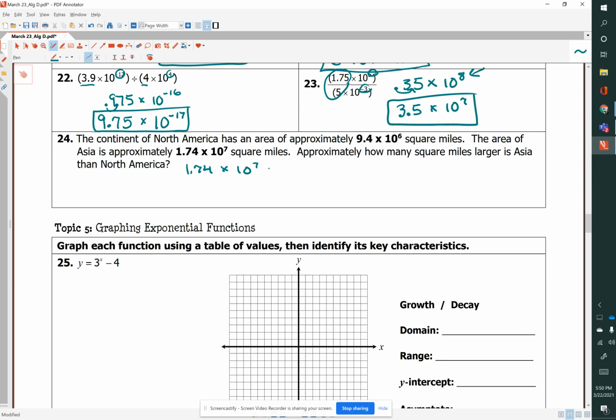And then we are going to subtract. Now, we need same exponents. So I'm going to move the decimal point over. I'm going to make it 0.94 times 10 to the 7th. Now I can subtract. So I subtract 0.94 from 1.74, and I have 0.8 times 10 to the 7th. Now I need to move the decimal point again so that I have this in proper scientific notation. So that would be 8 times 10 to the 6th power.